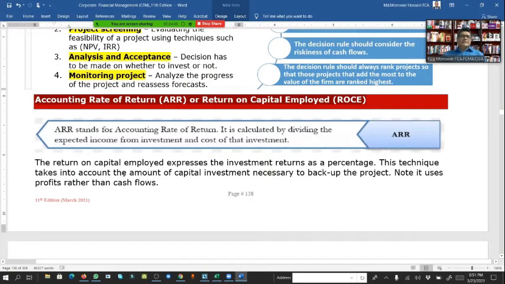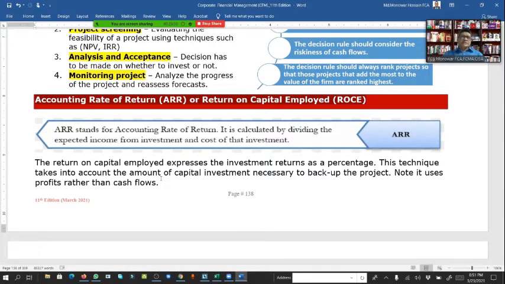One of the techniques is accounting rate of return, which we are going to discuss. It is called the ARR, sometimes also the average rate of return. It is not related to cash flow, but to accounting profit.